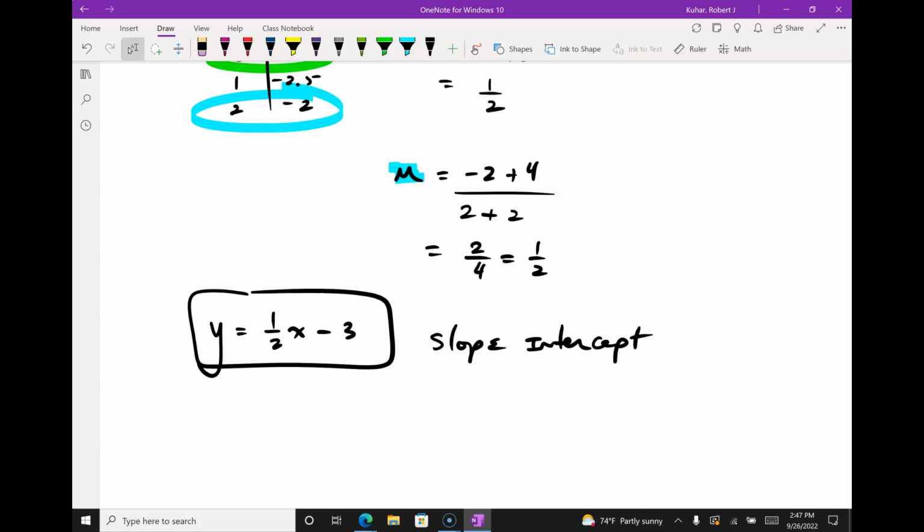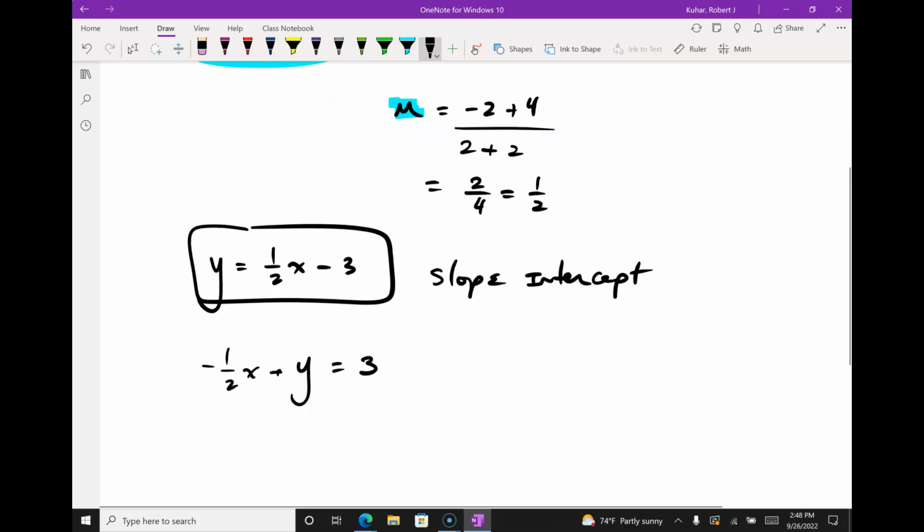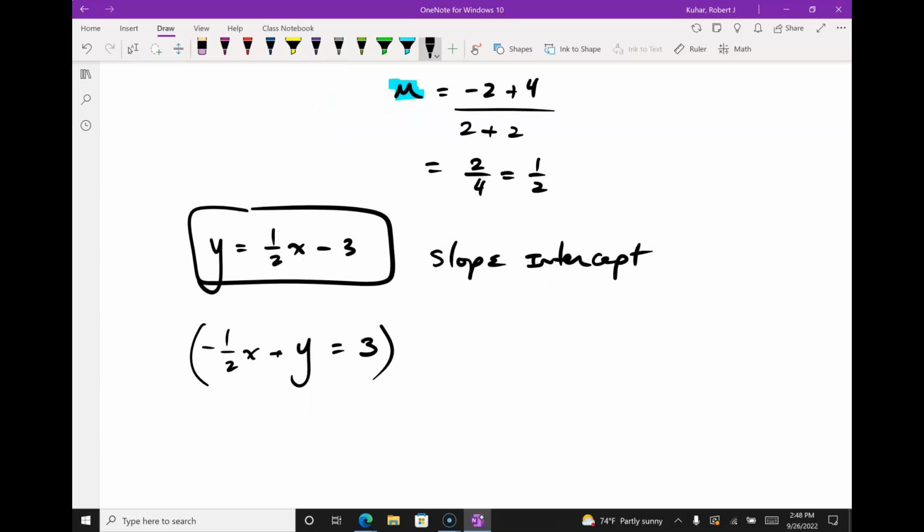I could also do standard form here, right? This is -1/2 x plus y equals -3. And I'm going to multiply everything by -2. Do you see that I moved the x piece over? So now I'm going to multiply it by -2. And I get x minus 2y equals 6. There's my standard form.